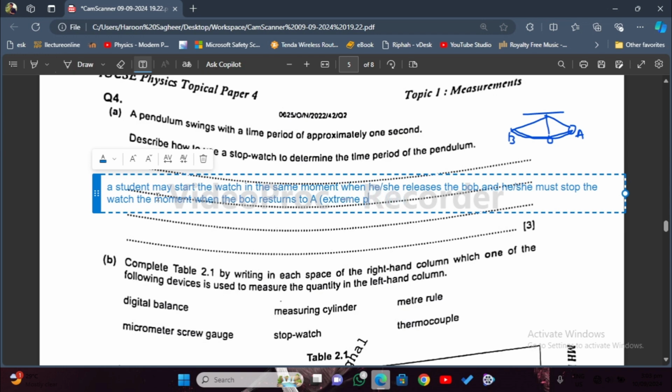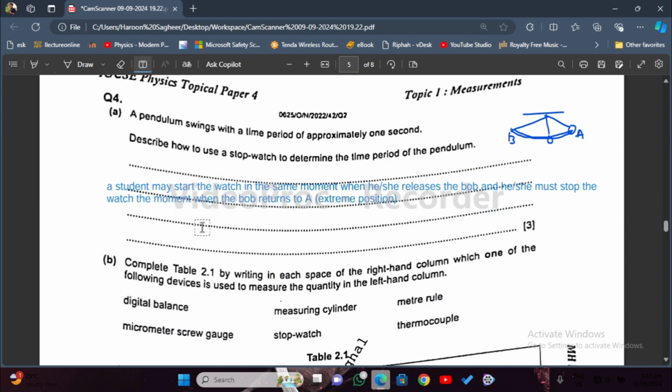That would be the best method to do that. The spelling is incorrect for returns. All right, there we go. Now this is the answer for that.